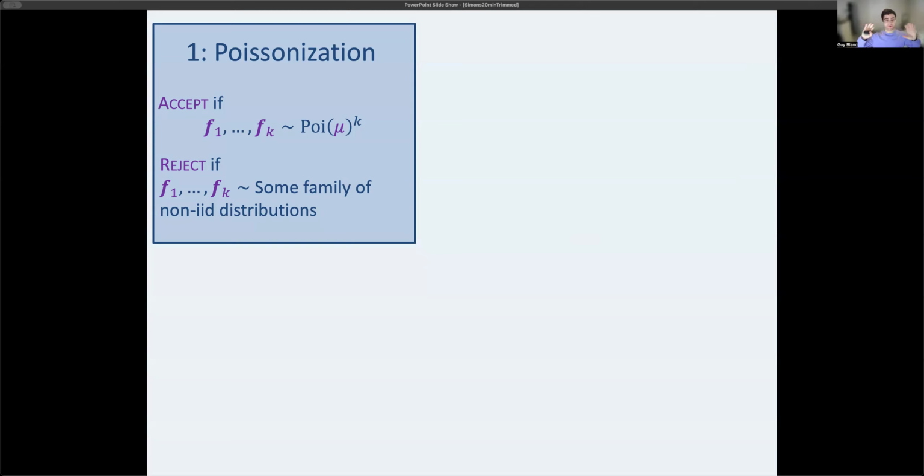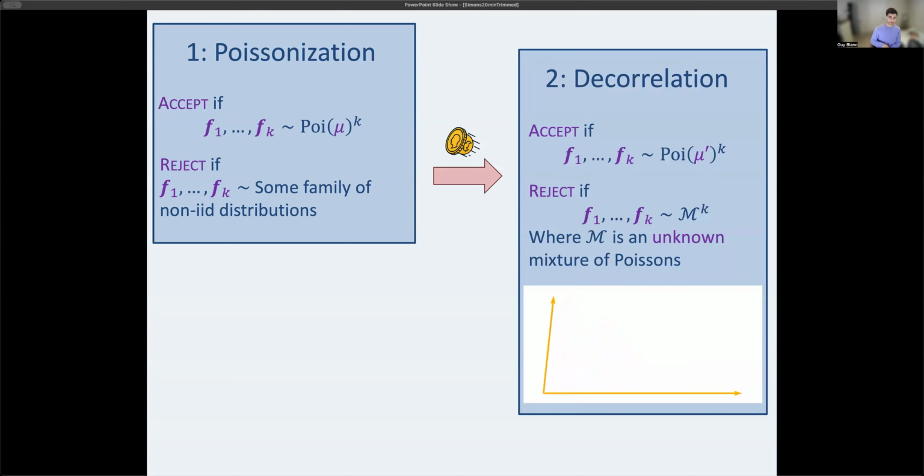But at a very high level, the way we transform to the interval tester is first we use a very standard technique, Poissonization, which is used to reduce dependencies between the different frequencies. So we do one transformation to the frequency histogram. It turns out in our particular setting, for technical reasons, Poissonization does not allow us to say the frequencies are fully independent, so it's still a little bit hard to work with. The second step is something more specific to our problem.